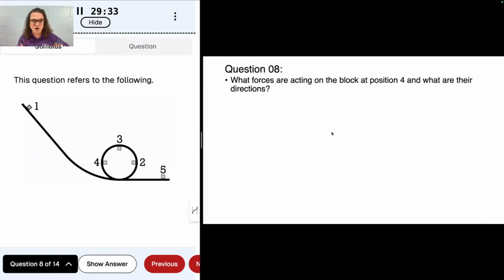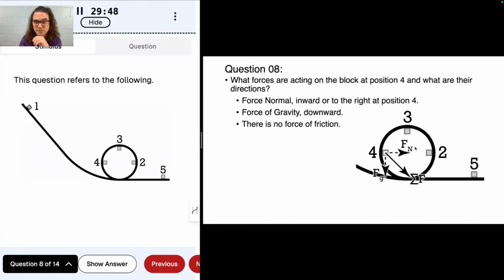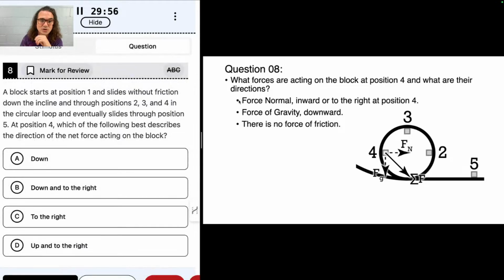The forces are the force normal, which is inward or to the right at position 4, and we have the force of gravity, which is downward. There is no force of friction in the problem. So therefore, the force normal is inward, the force of gravity straight down. So that net force is down and to the right. So the correct answer is B.